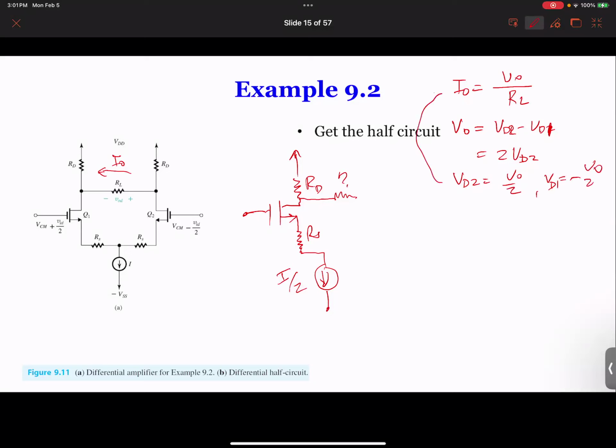If we plug this into the equation here, we have IO equal to VO over RL, equal to 2 times VD2 over RL, which equals VD2 over RL over 2. So that's exactly what we need, which means we just need to break this one resistor into 2, and we can make this a ground, and this can be half of RL.